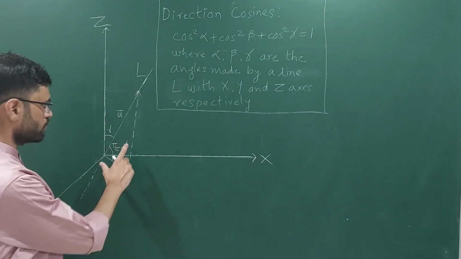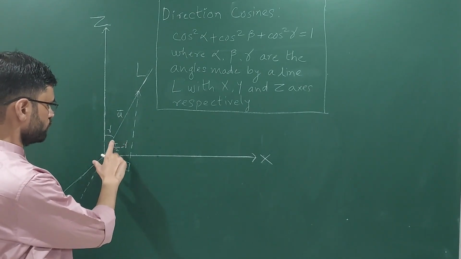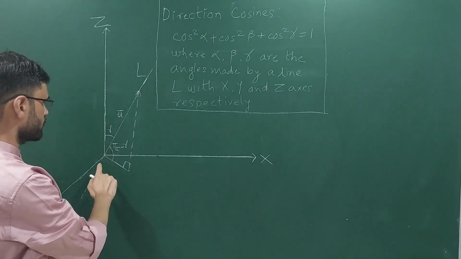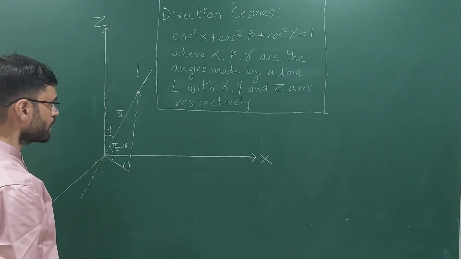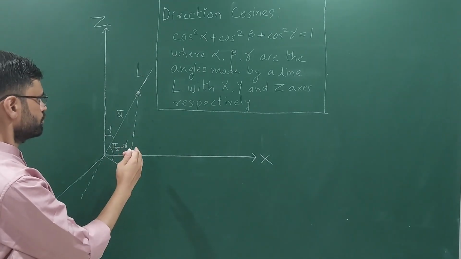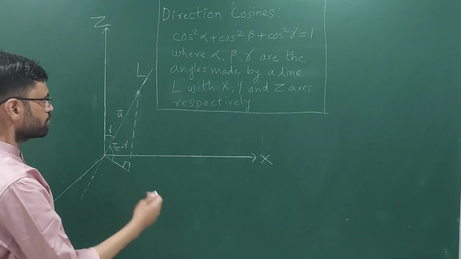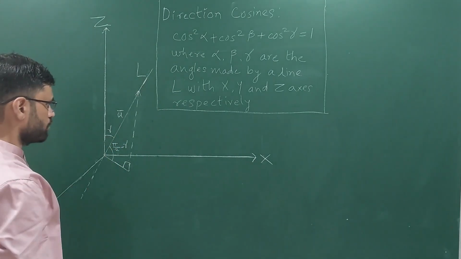But let us first understand what is happening when this line is making angle gamma with the z axis, and how some parameters with line L are related to the angle gamma here.